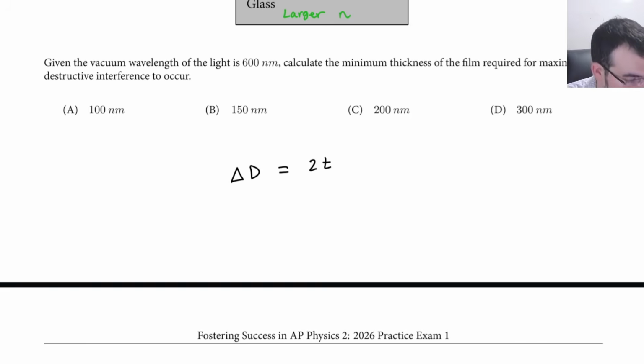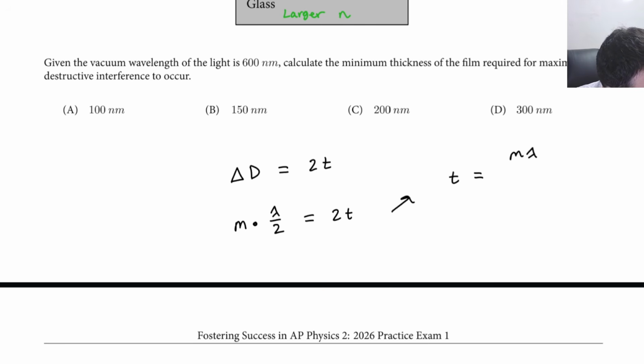So we can just set our difference in path length to t equal to the destructive condition, where the destructive condition occurs at whole numbers of half wavelengths. So this means that our film thickness should be m lambda over 4, and if we want the minimum thickness, we just pick 1.